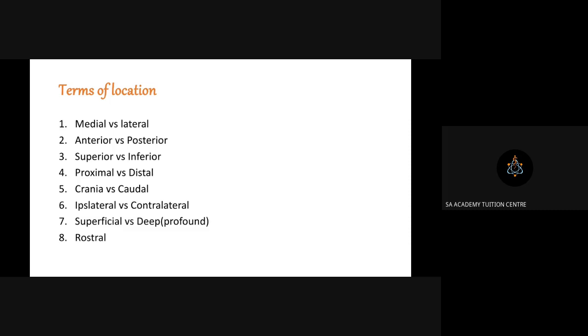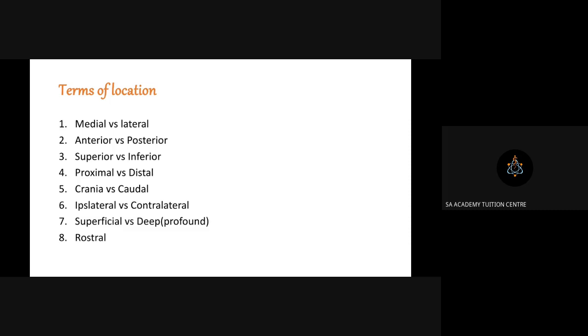So what do we mean when you say medial? Okay, so medial versus lateral, these are terms we use when relating to how close or further something is to the median sagittal plane. We'll compare two structures and see which one is closer to the median sagittal plane.